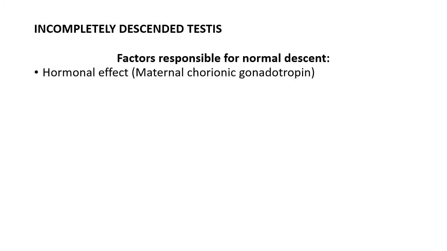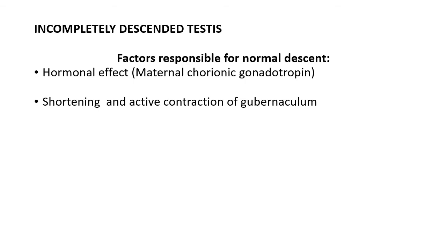One of the factors responsible is the hormonal effect, that is, maternal chorionic gonadotropin. Next is shortening and active contraction of the gubernaculum. It is very well accepted that the gubernaculum, either as a guiding force, a rudder, or a contracting cord, whatever, has a very important role in the descent of the testes.